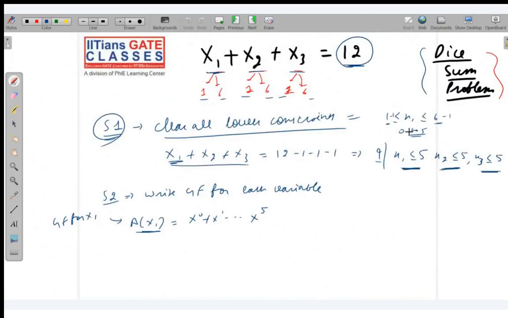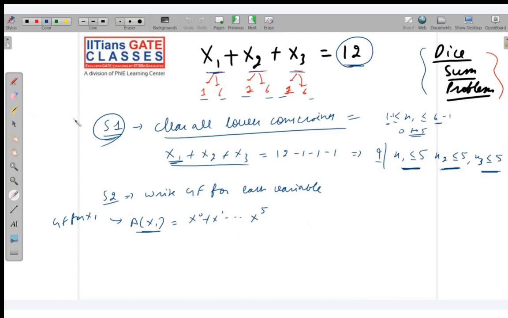When I subtract 1 from here, obviously the upper value also reduces. So subtract 1 from both sides. Finally x1 will take values from 0 to 5, x2 also from 0 to 5, x3 also from 0 to 5. Zero is no problem because the minimum constraint we have deleted. So finally we get at most 5, at most 5, and at most 5.